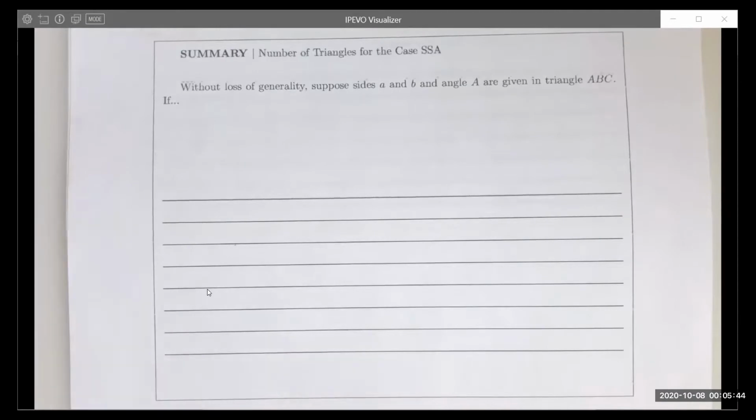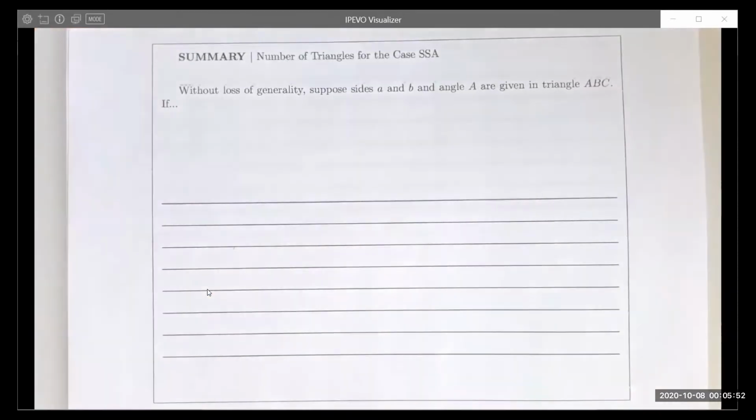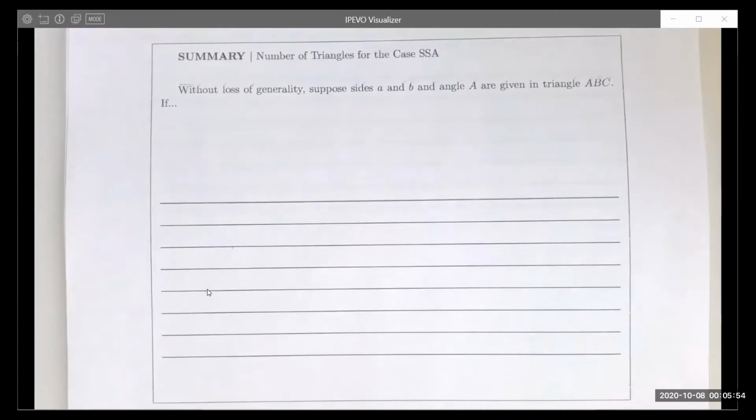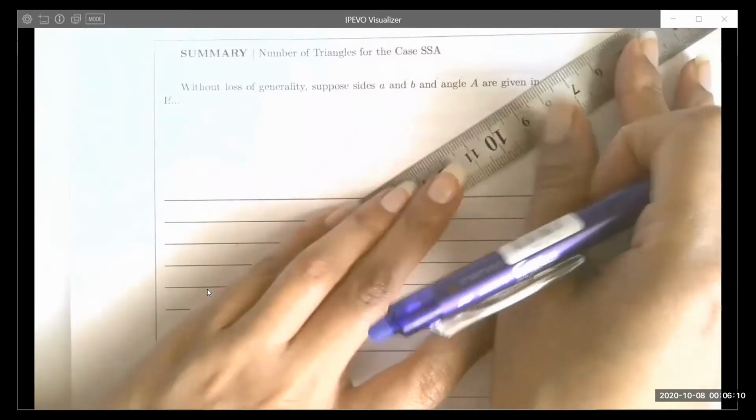Let's go ahead and summarize the different possible solutions that we can get under the ambiguous case of SSA, or side-side-angle. Without loss of generality, suppose that we are given side A, side B, and angle A, which I'm going to go ahead and draw a diagram for here.